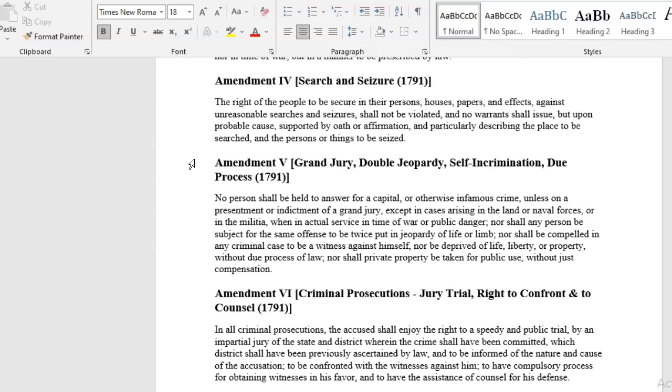Now, again, very important amendment. This has been violated from one end to the other in our country.